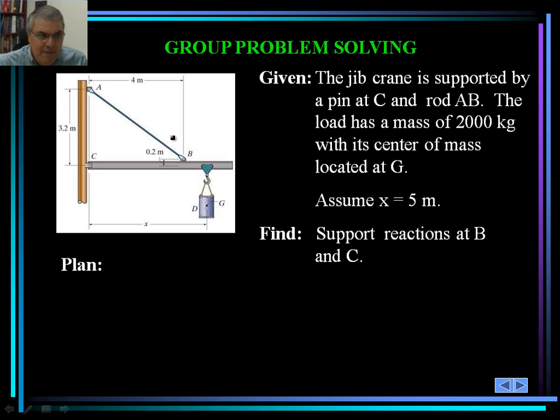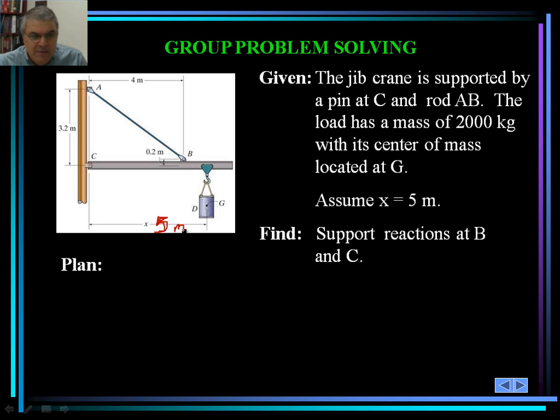And the load has a mass of 2,000 kilogram with its center of mass located at G. We assume X, this distance, to be 5 meters. This is supposed to be 5. And I butchered it, of course.